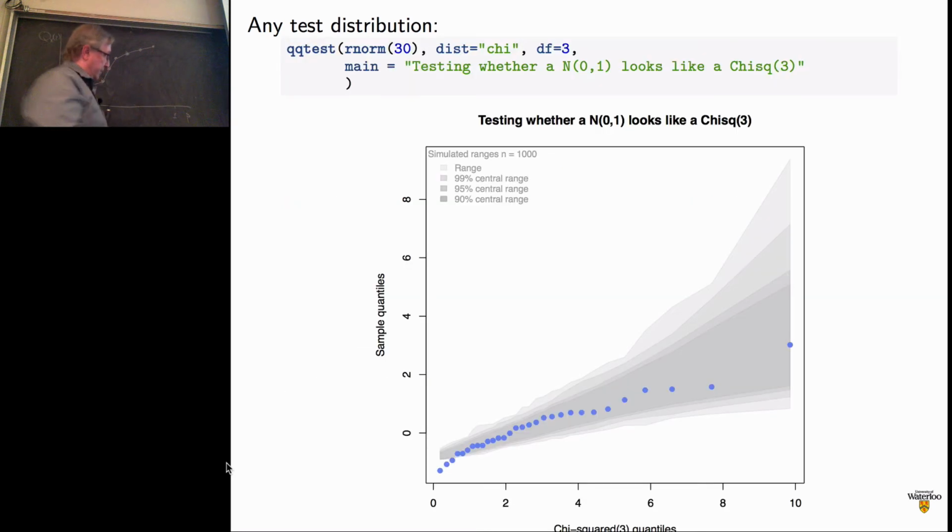And what's going to happen is we're going to have the sample quantiles as before from our data set, just the ordered values. But these bands now are generated by generating 30 observations from a chi-squared on 3 degrees of freedom, and doing that 1,000 times to get the envelopes.